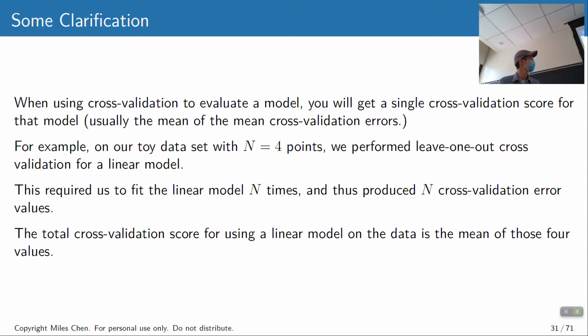But the idea is you're going to get a single cross-validation score for that one model. In this case, it was the linear model. Then you would try a different kind of model, maybe a log model, a polynomial model or something, and you would perform leave one out cross-validation, and you're going to get another number, and you compare that.